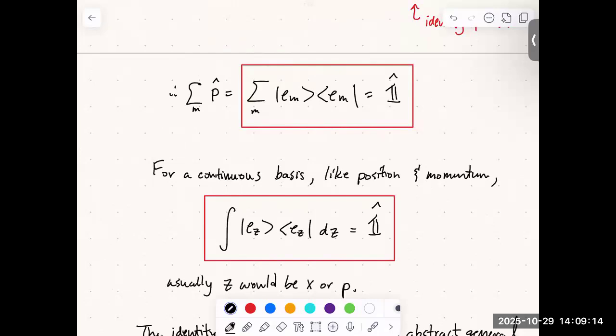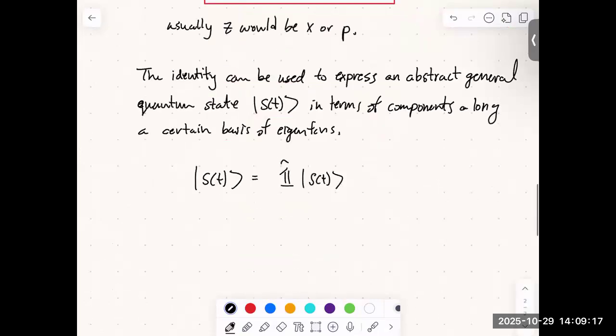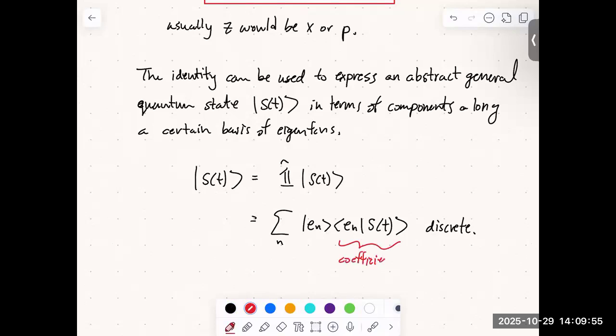So for example, let me take a discrete case for a particular example. It would be the sum over n of |e_n><e_n|S>. So this would be the discrete case. And the way to interpret this, the inner product just returns some complex number. And so this is like the coefficient. These are the coefficients, or if you like, the components.